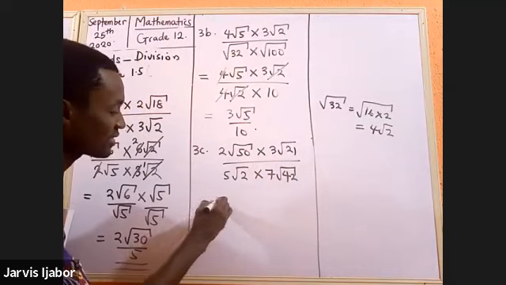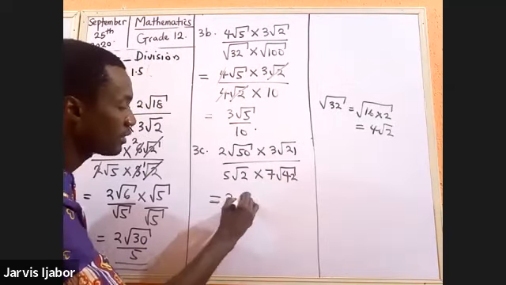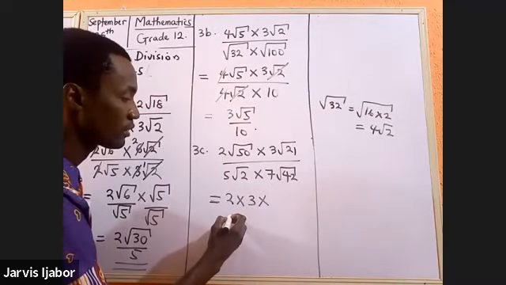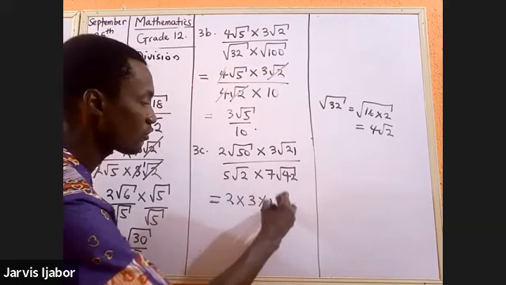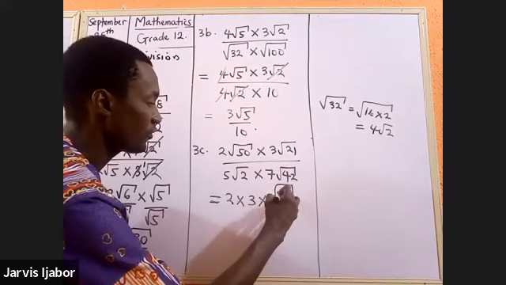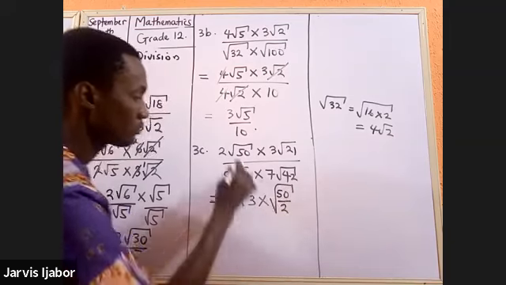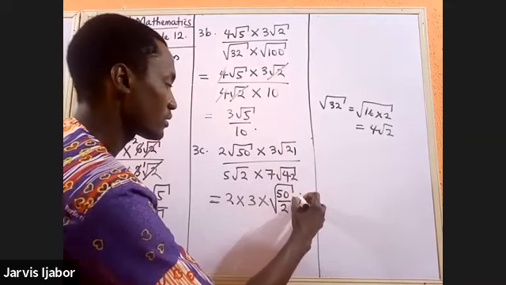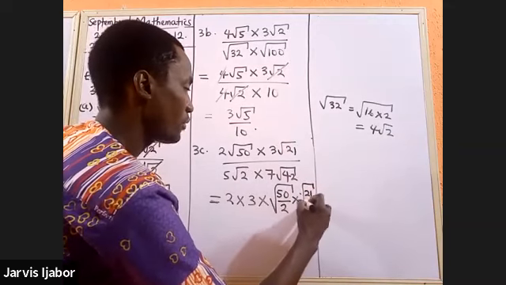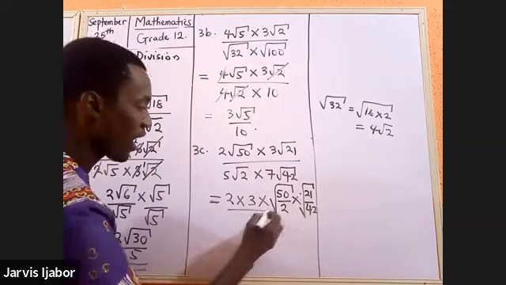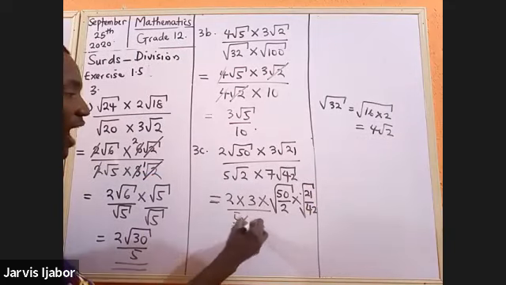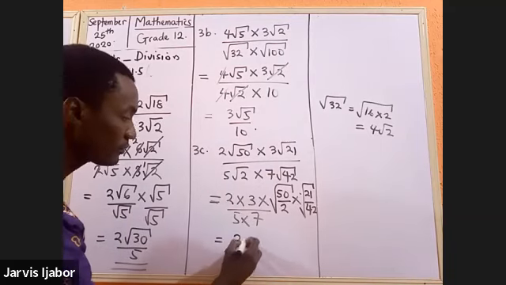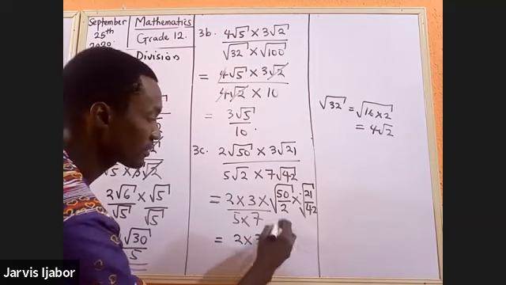I'll pick 2, I'll pick 3 times the square root of 50 over 2, times, I'll now pick the square root of 21 over 42, over 5 and 7.